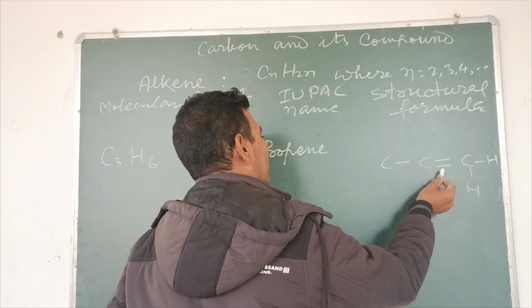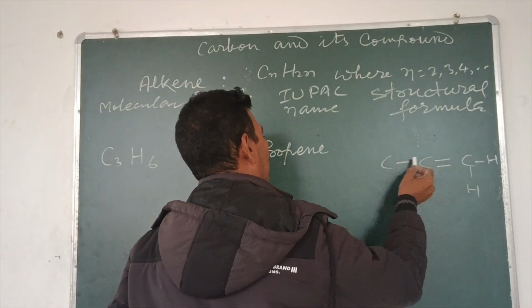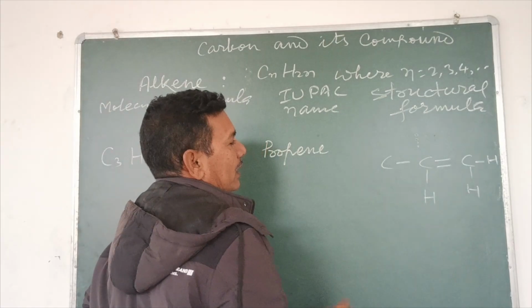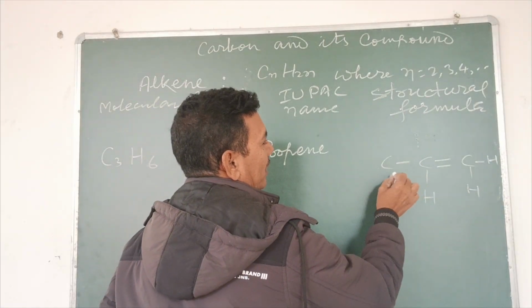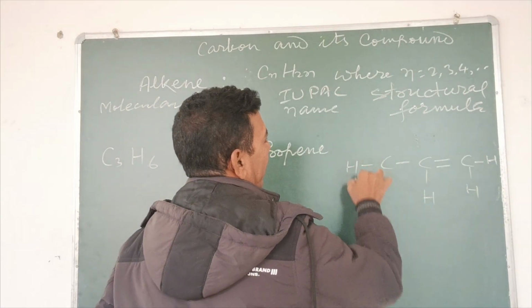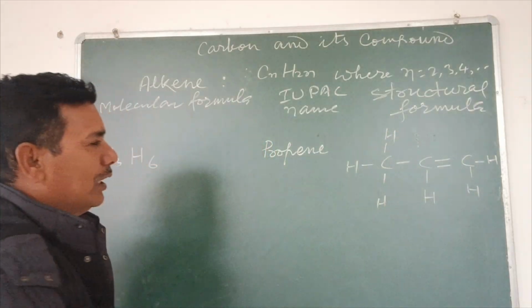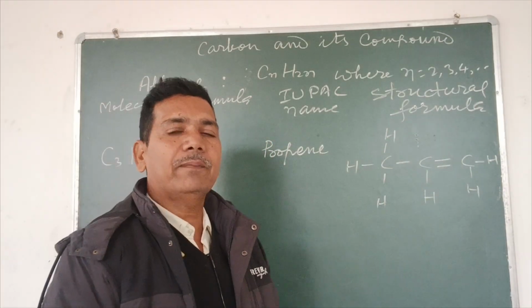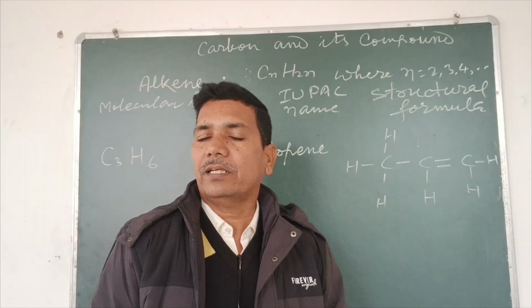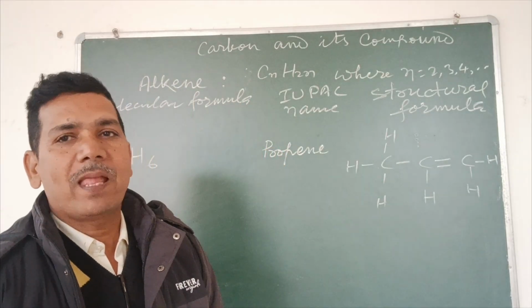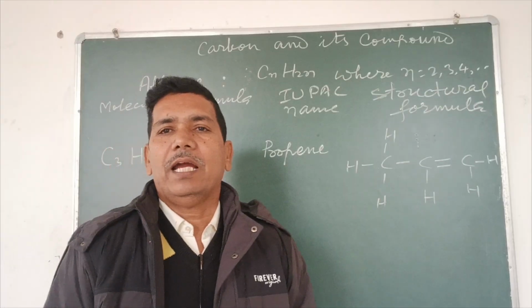This carbon has 3 valency, here 1, 2, 3, it should be 4, so we will add 1 hydrogen. This carbon has 1 valency, it should be 4, so we will add 3 more hydrogen. Now if we count, all the carbon atoms have completed tetravalency and all the hydrogen atoms have completed monovalency.